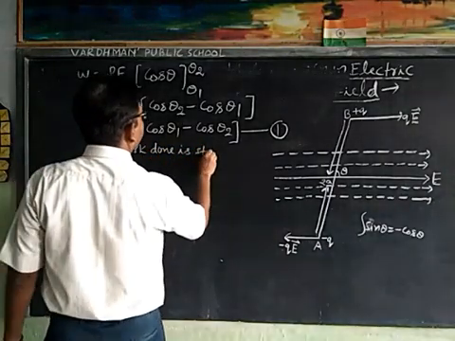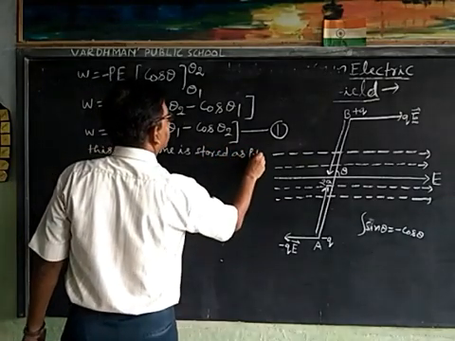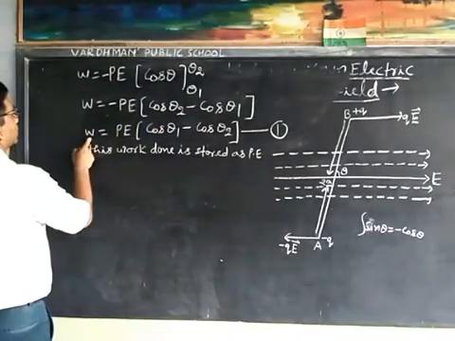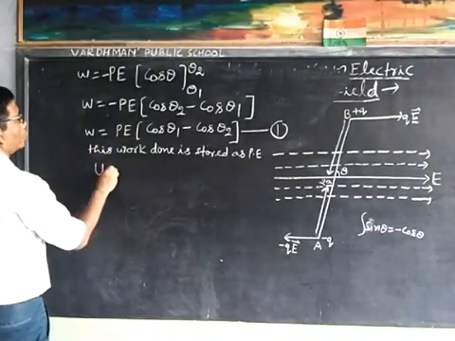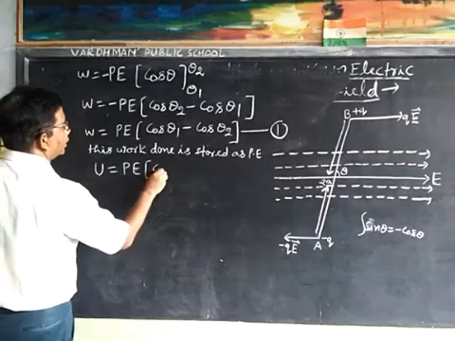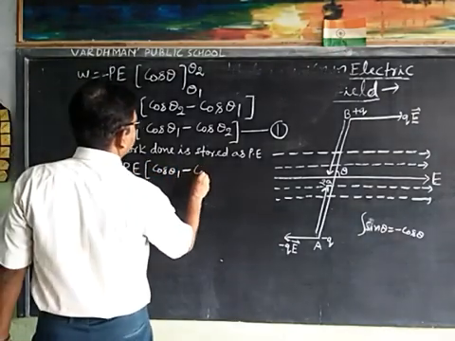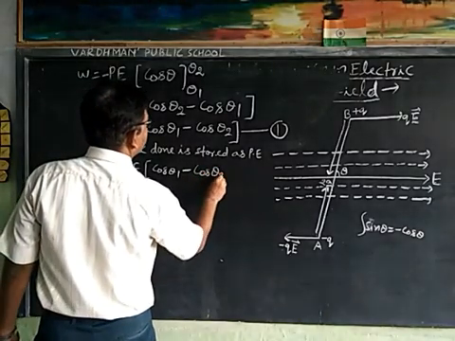Thus in place of W we write U is equal to PE into cos theta 1 minus cos theta 2.